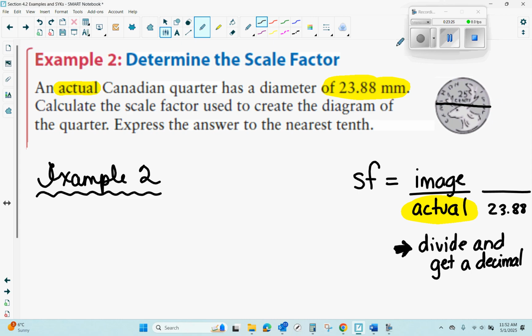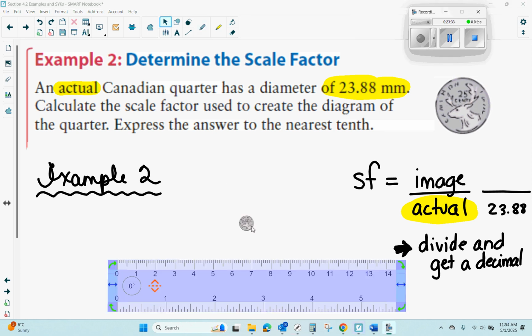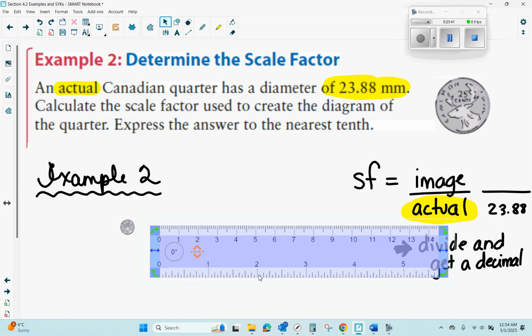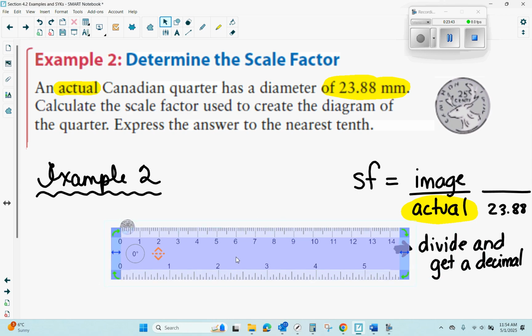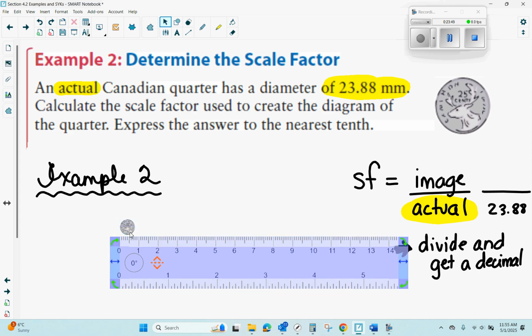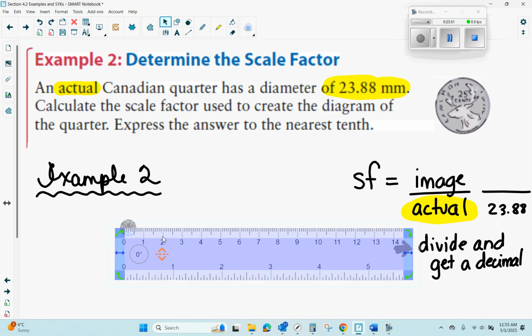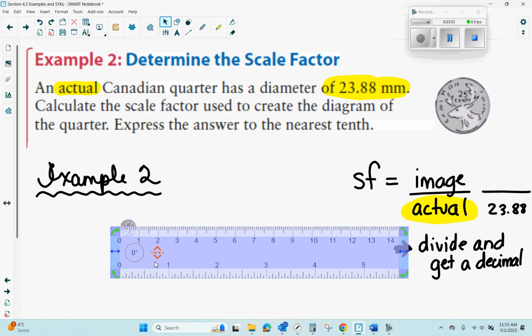You're going to measure the diameter straight across of that picture you have on your sheet. So your image on your sheet is like this size here. Okay, so you need to take your ruler. You're going to measure the approximate diameter. Actually, yours is a little bit bigger, kind of like that.